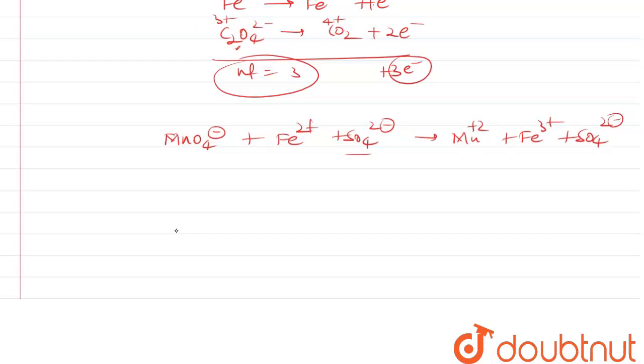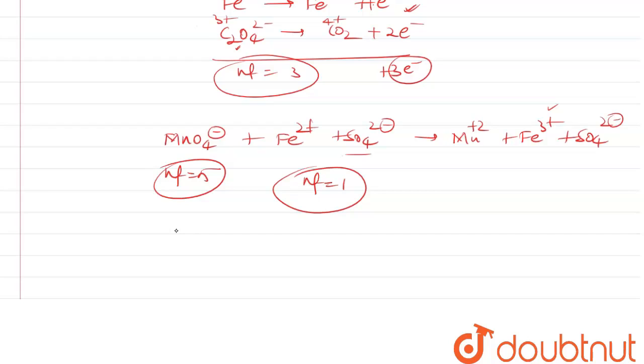So the N factor for KMnO4 is 5 and the N factor for iron sulfate is 1, because only this reaction is happening, so the number of electrons being used is 1.